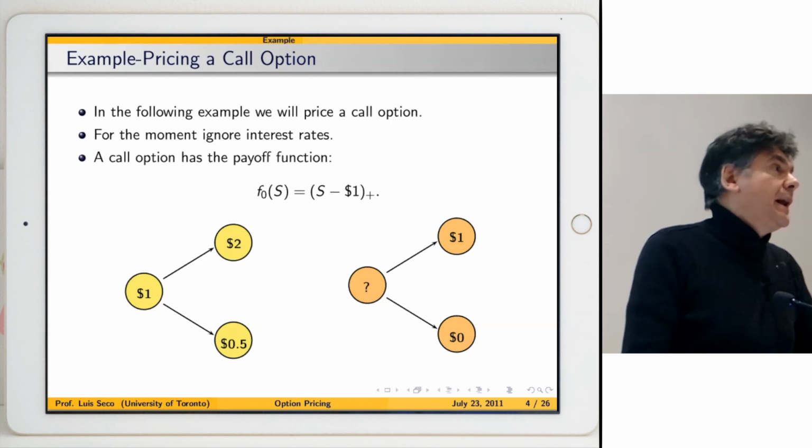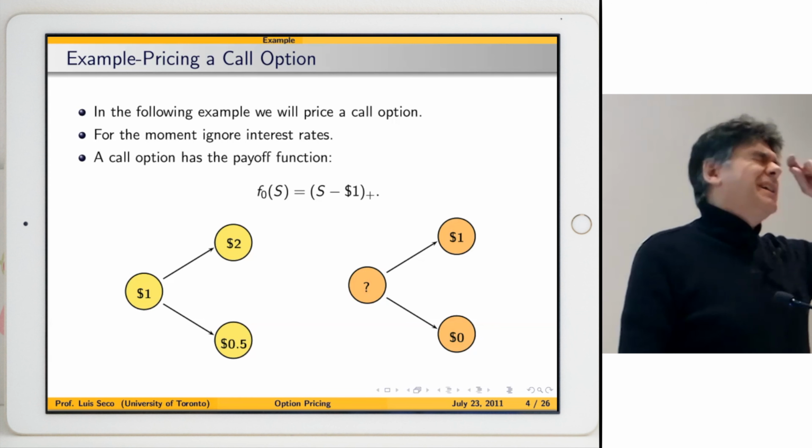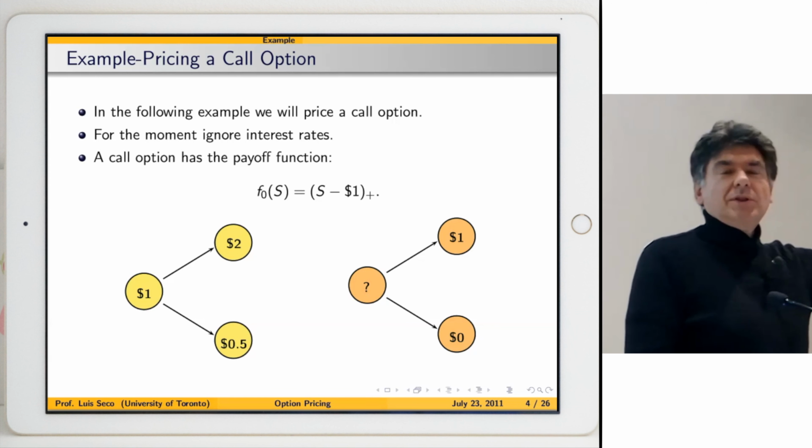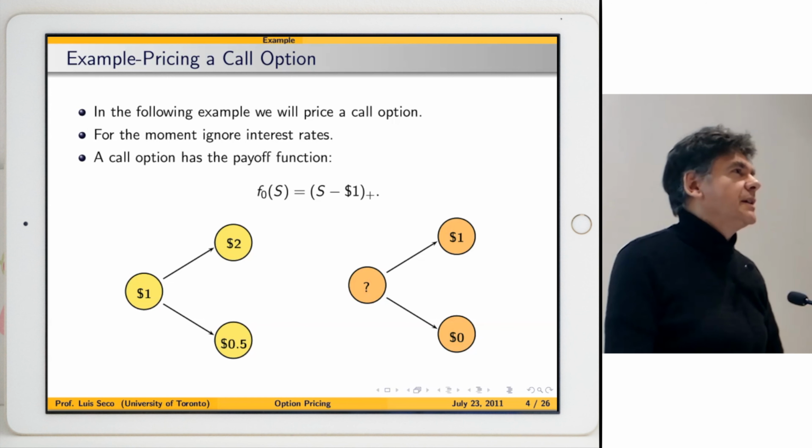People in the banks love to do this so much now. I'm sure maybe you followed the soccer World Cup. There were people implying the probability that some country wins the World Cup from market prices. Now people take this to the extreme, right?